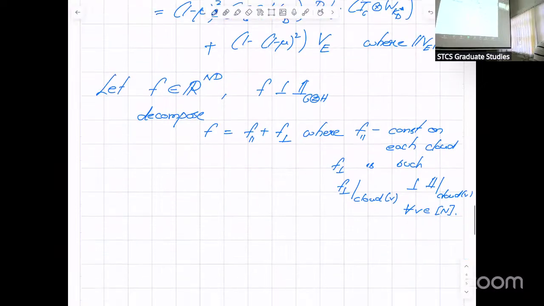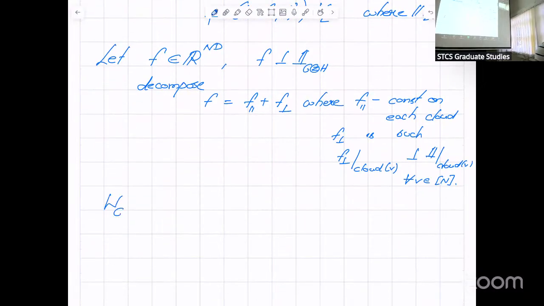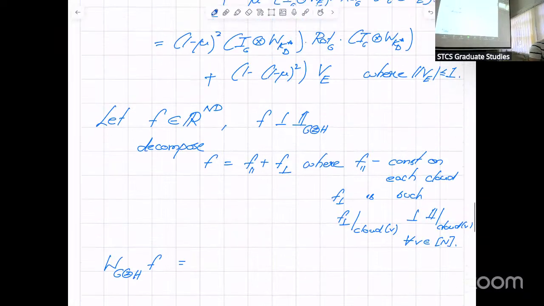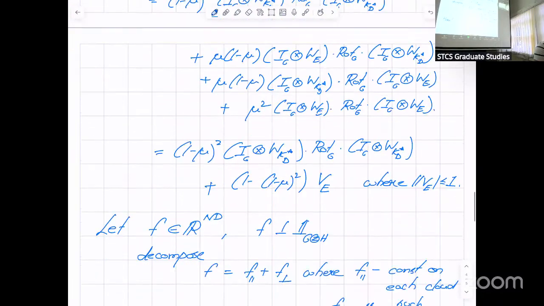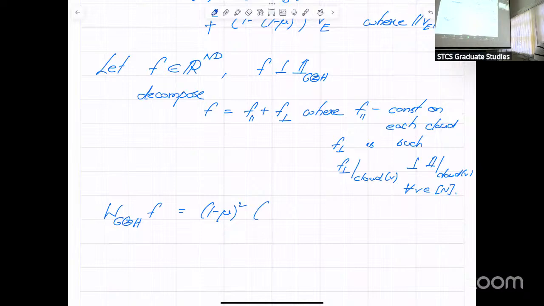So now let's understand how W_GZH behaves on this F. By what we have here, this is just 1 minus mu squared times W_GZ KD star on F plus mu-dependent terms times VE on F.